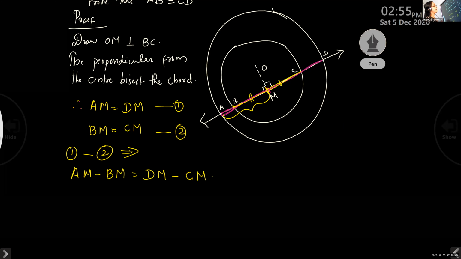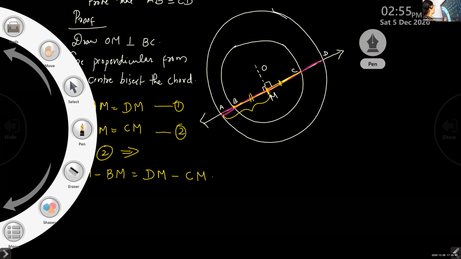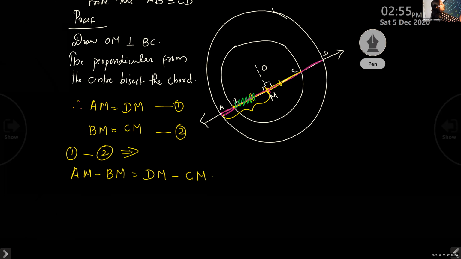From there, if you subtract BM, we'll get AB. Similarly, from the long one DM, if you subtract the small one CM, you will get the remaining part, CD. AB equal to CD.